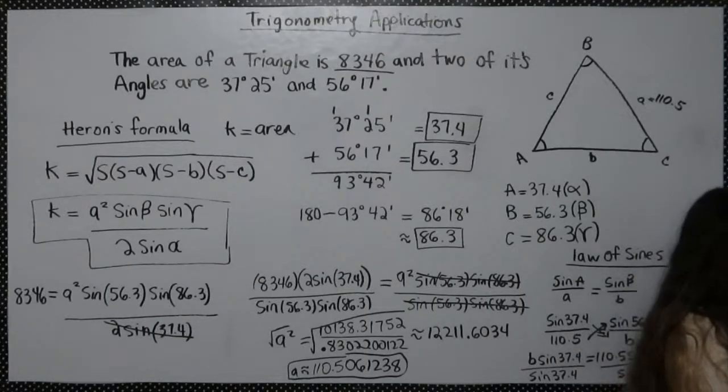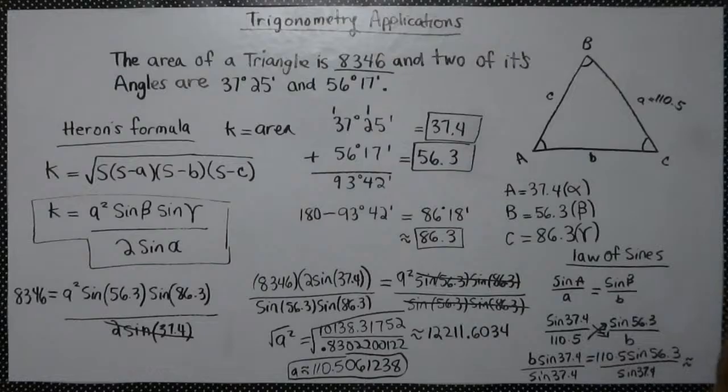And I will put all that in the calculator. So let's see, 110.5 times sine of 56.3, and then 91.93, and we're going to divide that by the sine of 37.4.